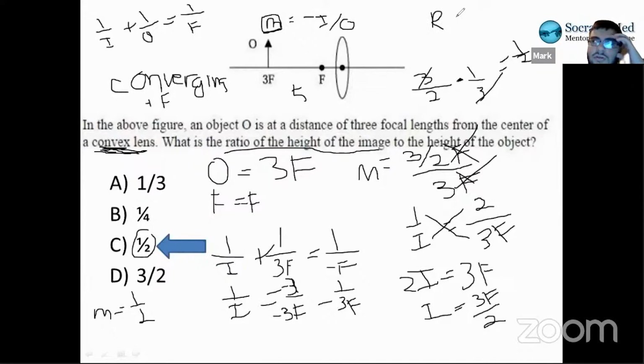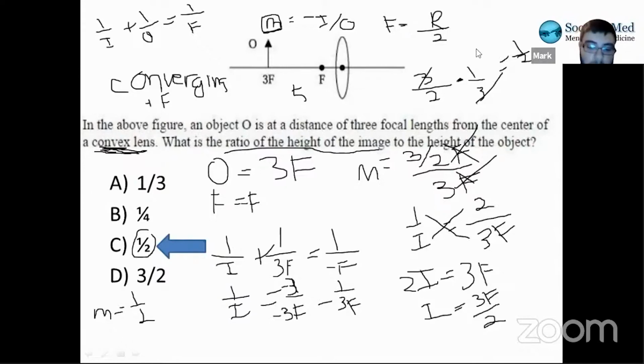F is equal to R over 2, I believe, or 2R. No, it's either 2 over R or R over 2, right? One of those two. I'm going to just double check just to make sure before I say something wrong.